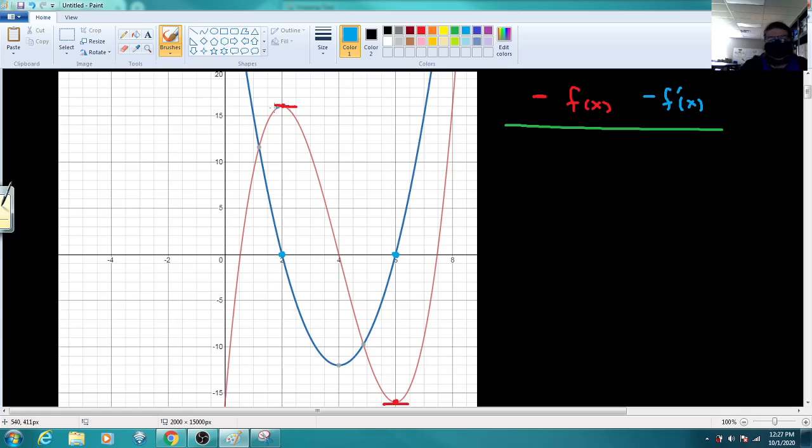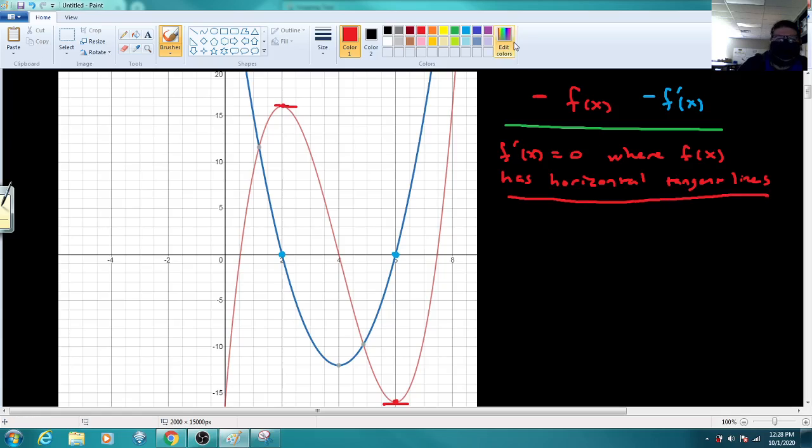That makes sense because a horizontal tangent line has slope 0, and the derivative is supposed to give you back the slope. So we'll say f prime of x equals 0 where f of x has horizontal tangent lines.